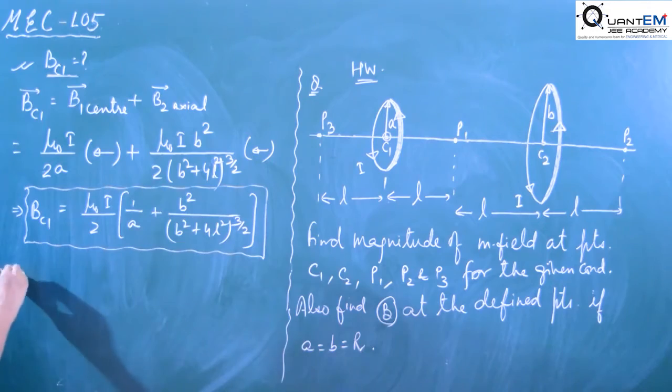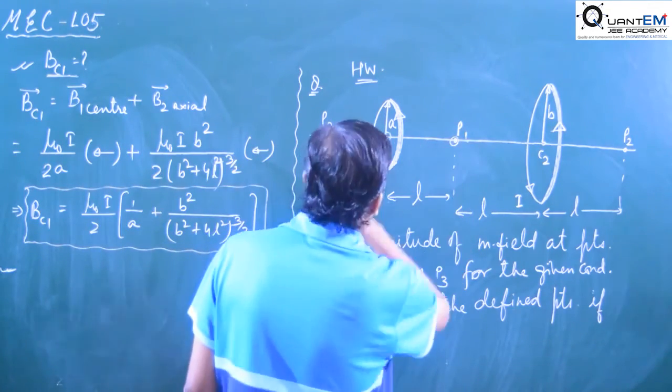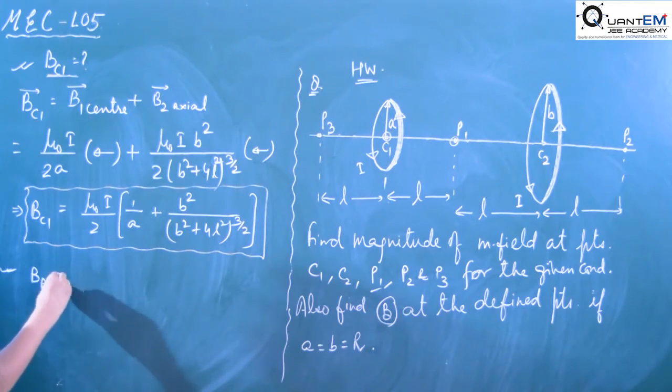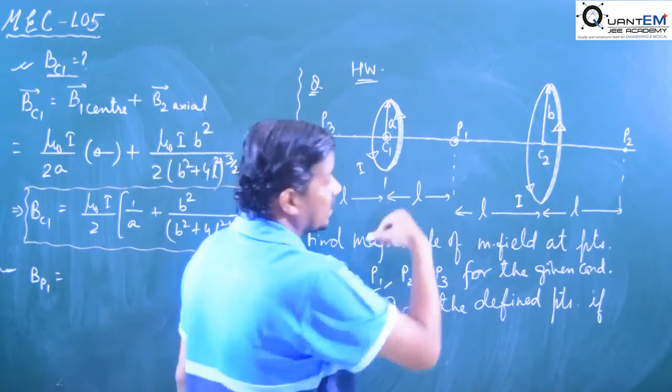We take one more part: find the magnetic field intensity at point P1. At this point, see, it is the axial point of the first as well as of the second.